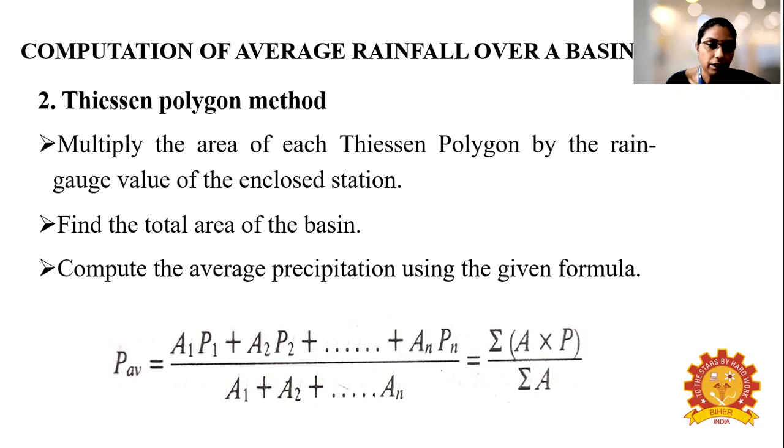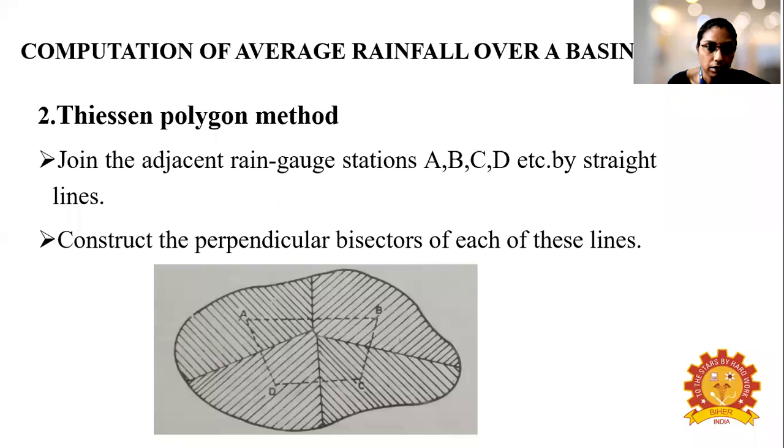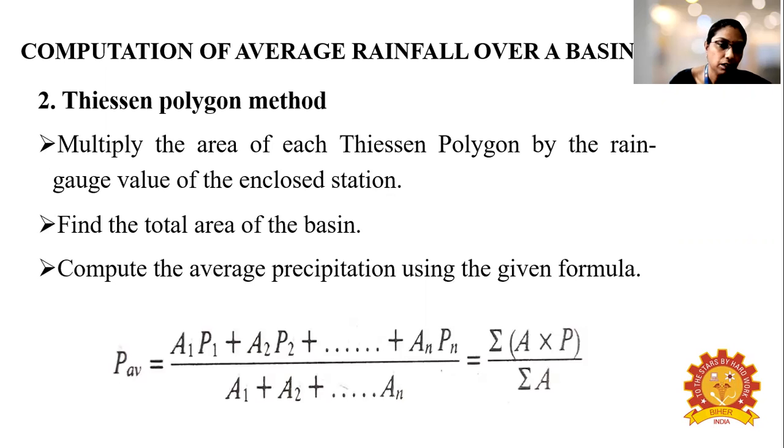Similarly, for rain gauge station 2, here B, you find out the area and multiply that area by the amount of precipitation recorded in rain gauge station B. Similarly, for all the stations you calculate the area and multiply it by the amount of precipitation recorded in that particular rain gauge station, up to n number of stations.